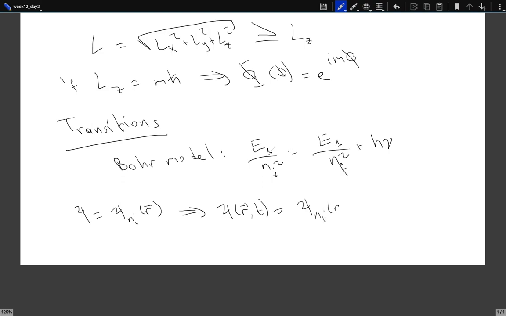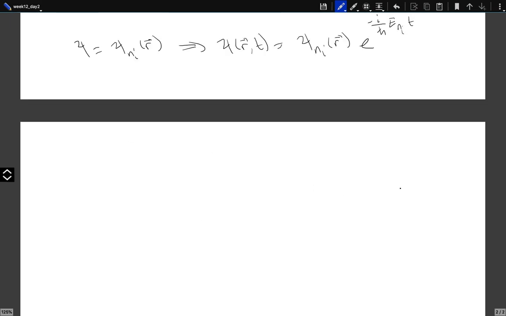It's an energy eigenstate, so it has e to the power minus i over h bar E n times t. This is the time-dependent wave function. Well, what about the expectation value of, let's say, the x component of the position of the electron?